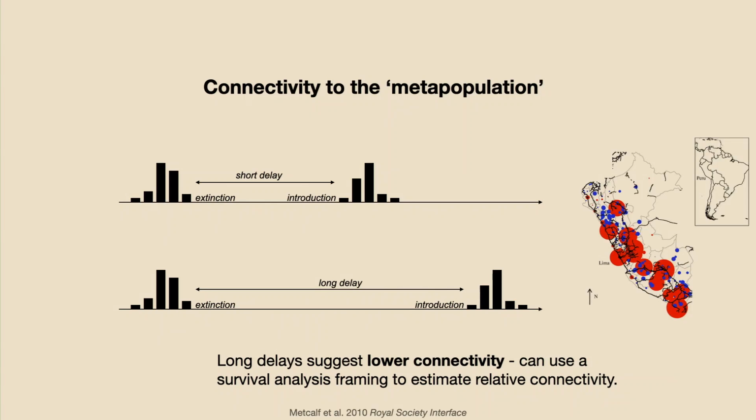And I ended up doing it to look at the distribution of how rubella was moving around Peru. So the red points are more connected than on average, and the blue points are less connected than the average. And the red points are in the big cities, and the blue points are in the remote locations, so it makes sense.